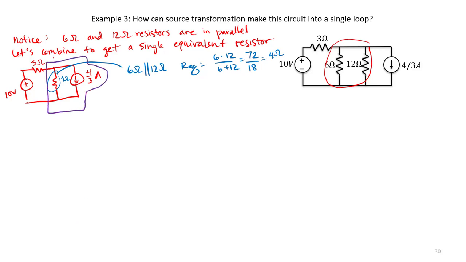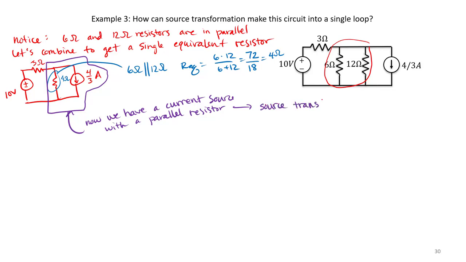And notice here, now we have a current source with a parallel resistor. Well, wait a minute. We can do a source transformation, right? So notice by source transformation rules, we can do this.